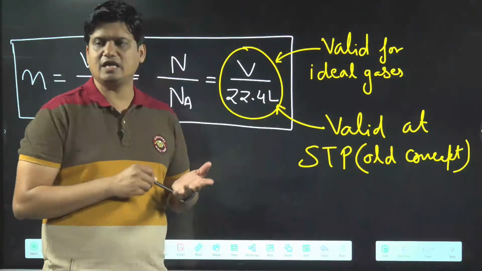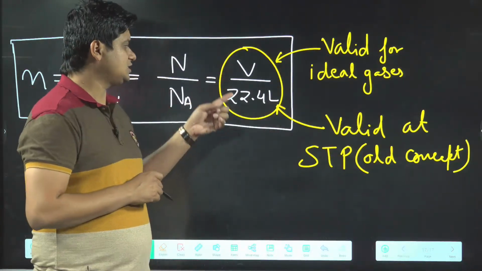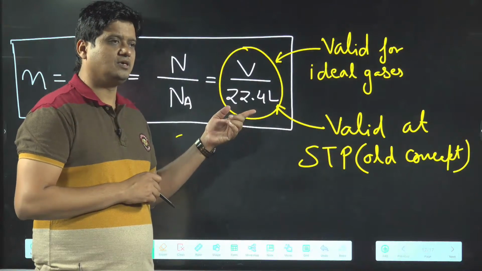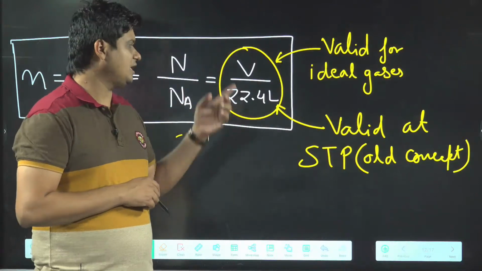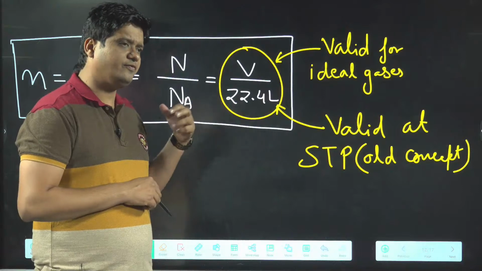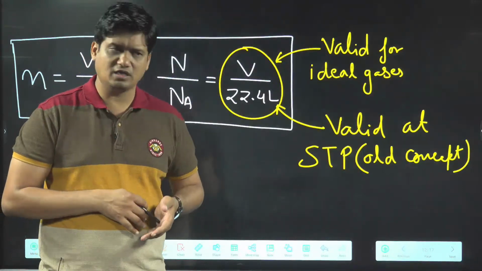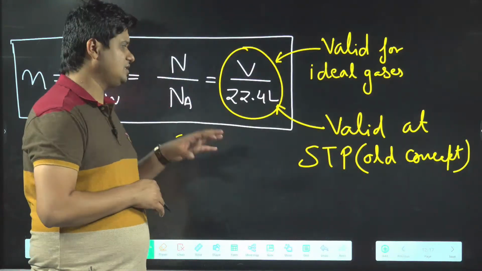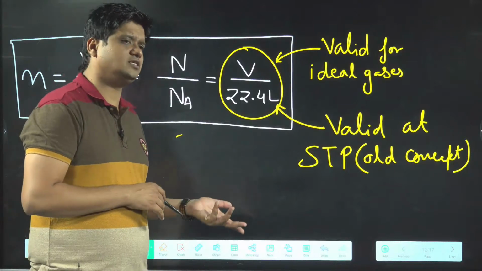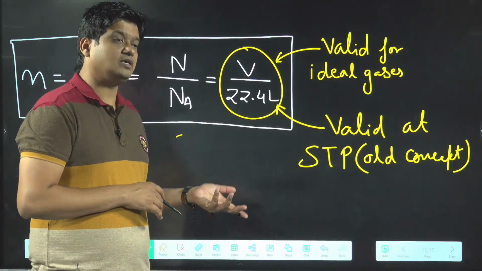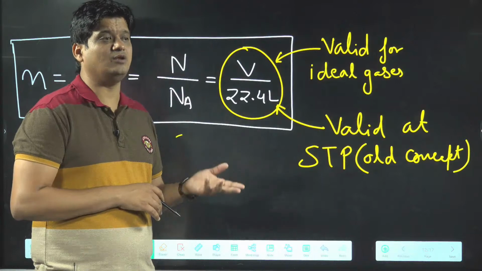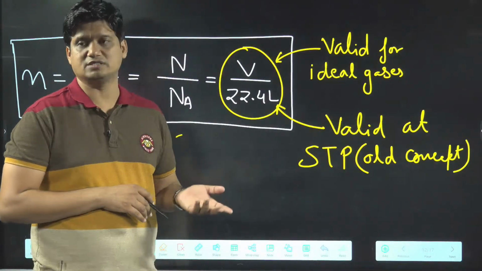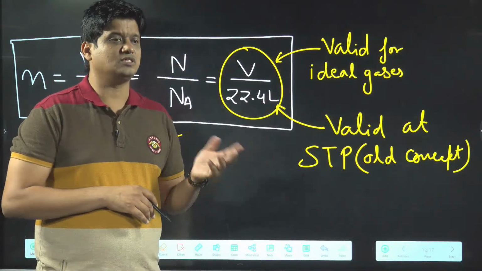If you see your NCERT, they are using the old concept. If you see any other book, they are using the old concept. If NCERT is still using the old concept, then why change the thing? But simultaneously, they have mentioned the value according to old and new concept. So we should know both the things.